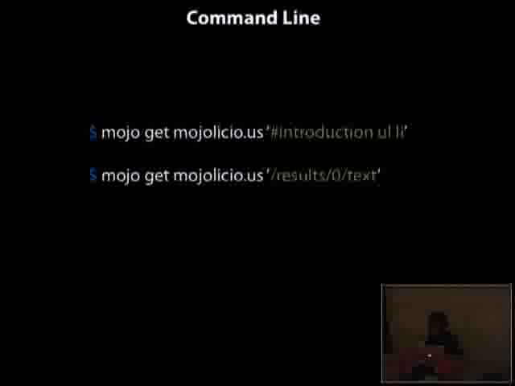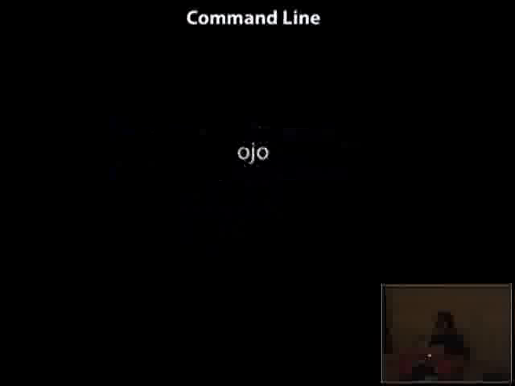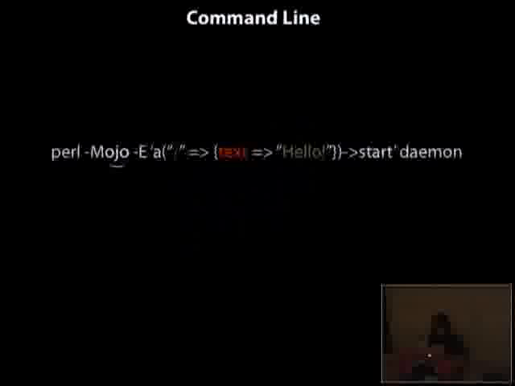All right, so I mentioned that the client side has a command line aspect to it earlier. The server side also has a command line option. It's called Ojo, of course. Now, Ojo lets you execute small apps as Perl one-liners, which is super neat for testing and utility.